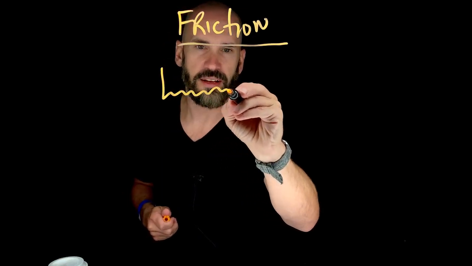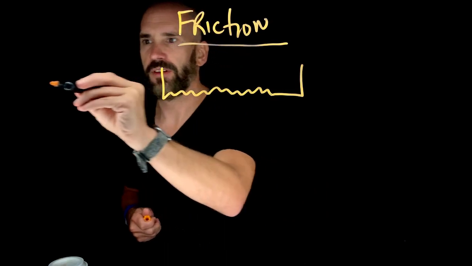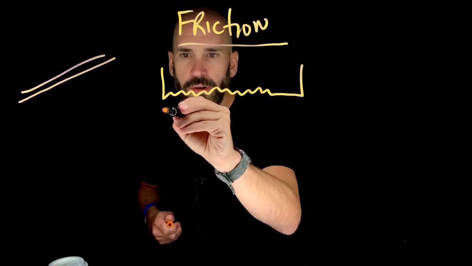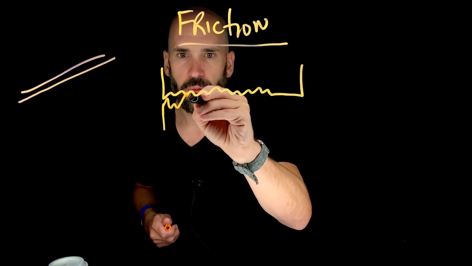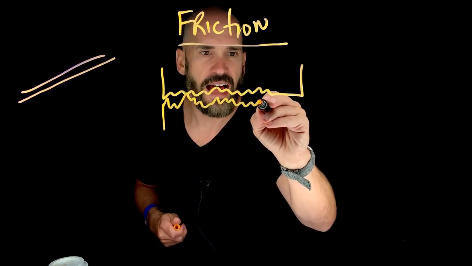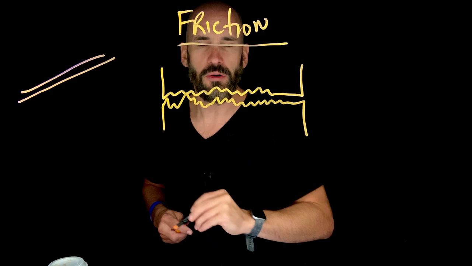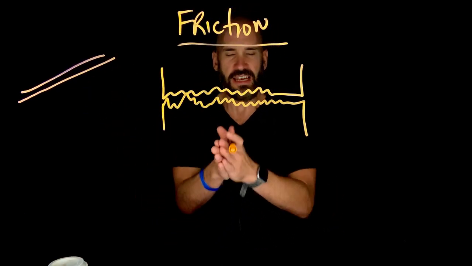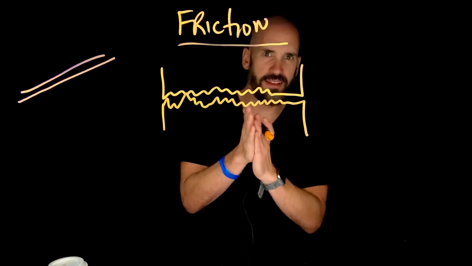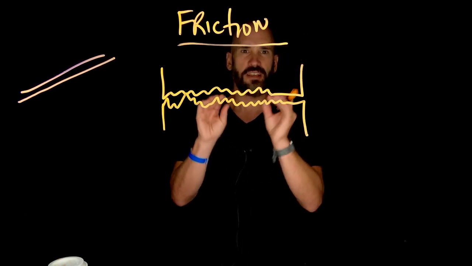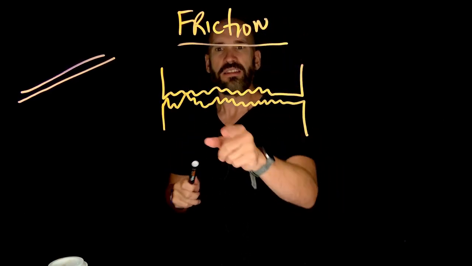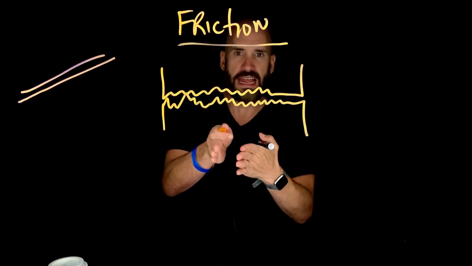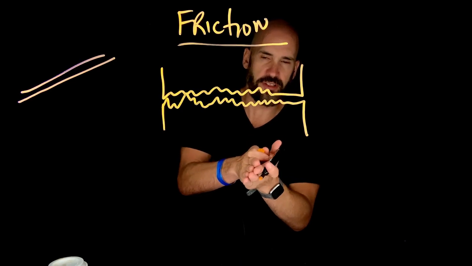If I have two smooth surfaces rubbing against each other and I zoom in, the surfaces are not smooth, right? This smoothness of my hands rubbing together is an illusion, because when you get right down to it, there's all this going on. There are all these little mini normal forces when these surfaces are colliding with each other, okay?